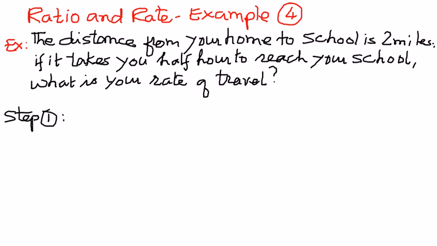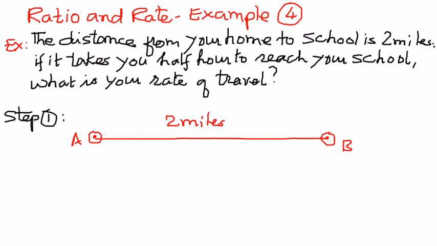Step number 1. Let's say we'll draw a small figure for ourselves to better understand this. Let us say this is our point A, home, and point B is our school. And the distance from home to school is 2 miles.